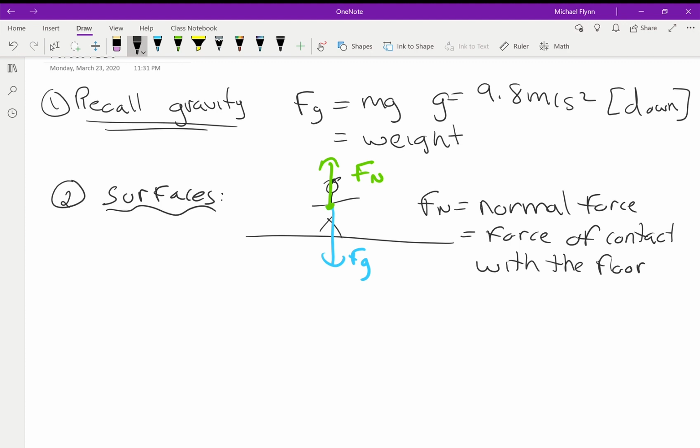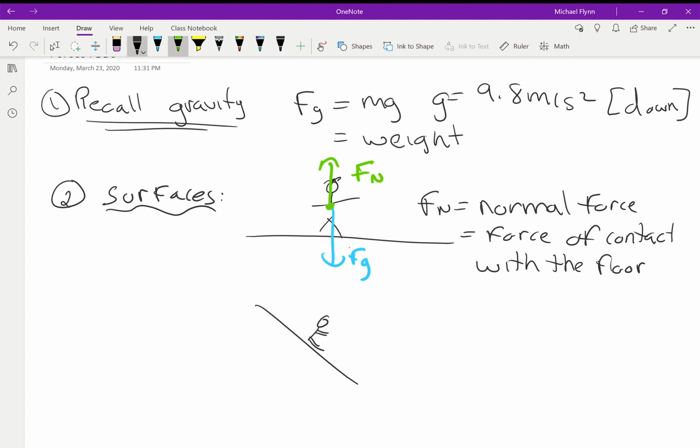Now, it doesn't mean normal as in there's normal forces and then there's weird or abnormal forces. That's not what normal means in this case. In math, normal means perpendicular. So let's say you were sitting on a hill. Here's Joseph just sitting down on the hill. Maybe he's sliding down on his butt, down the hill like this.